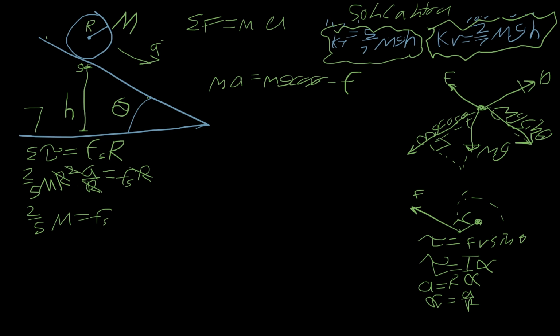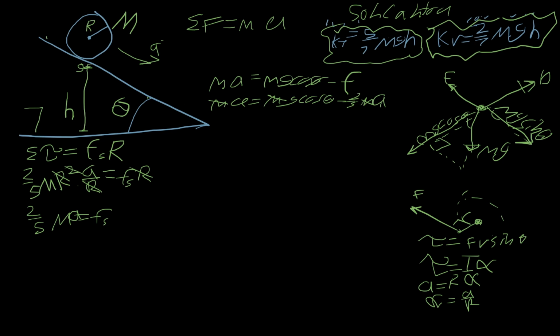Now we can substitute it out. So we're going to write m times a equals mg cosine theta minus 2/5 mass times a. And that's substituted out. And we can tell that the mass crosses out here. Okay, I forgot the acceleration here. And then we're going to get the accelerations on one side.